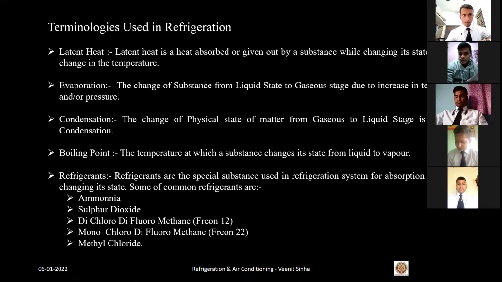Some of the common refrigerants are NH3, बहुत common है, chlorofluorocarbon बहुत common है, but I have given you more: ammonia, sulfur dioxide, freon, that is dichloromethane. It's commonly known as freon, widely used. Monochloro-dichloromethane and methyl chloride. I'm able to see a few of the students are still writing these notes.